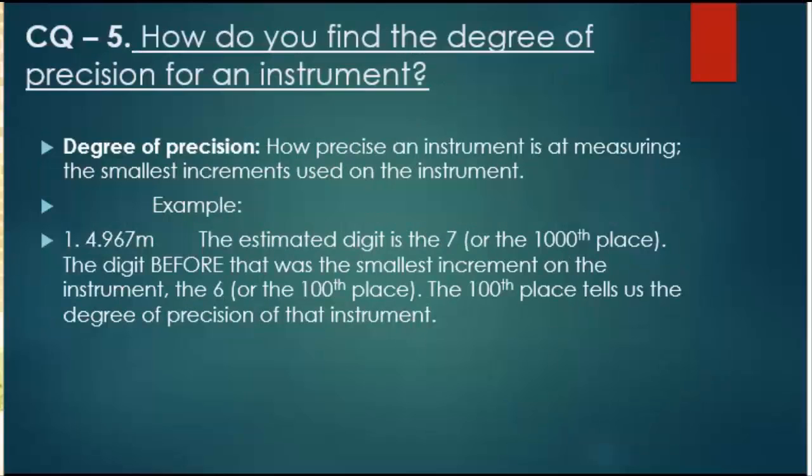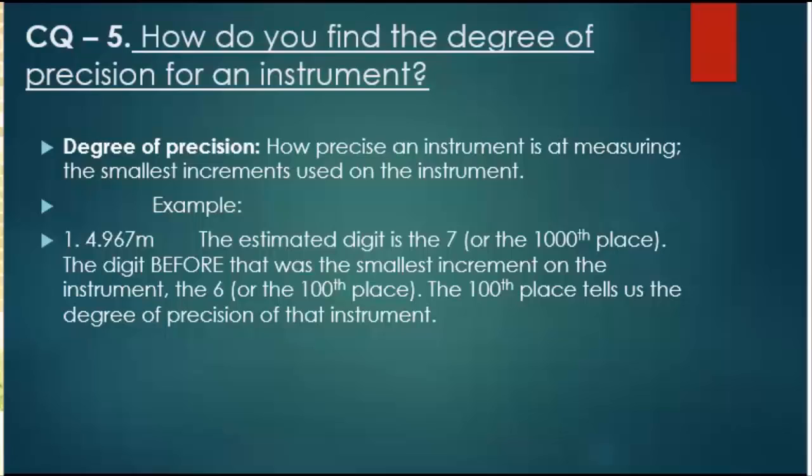How do you find the degree of precision for an instrument? Well, I kind of already talked about this a little bit. The degree of precision is just how precise an instrument is at measuring increments. So if we look at this measurement, it's 4.967 meters. Well, we know that 7 is an estimated digit because you always have to estimate the next digit.